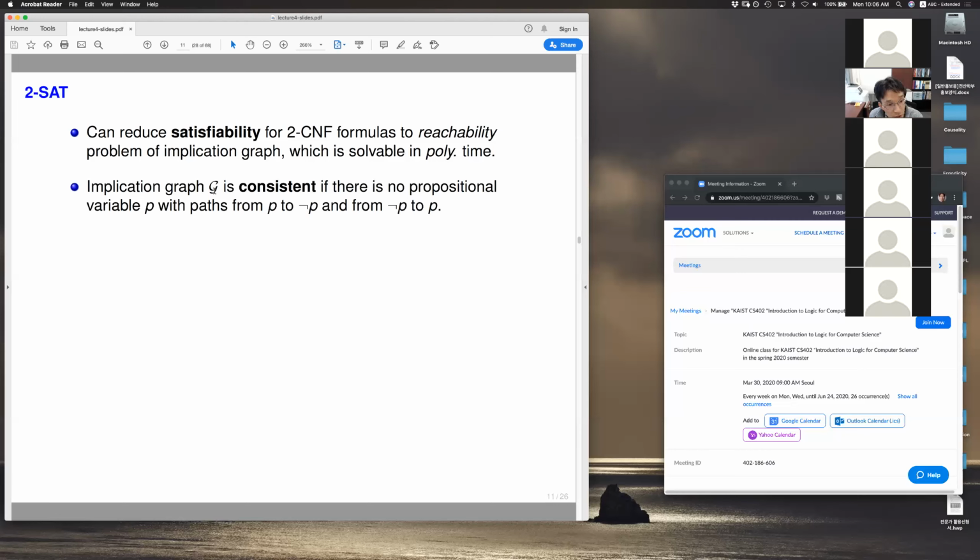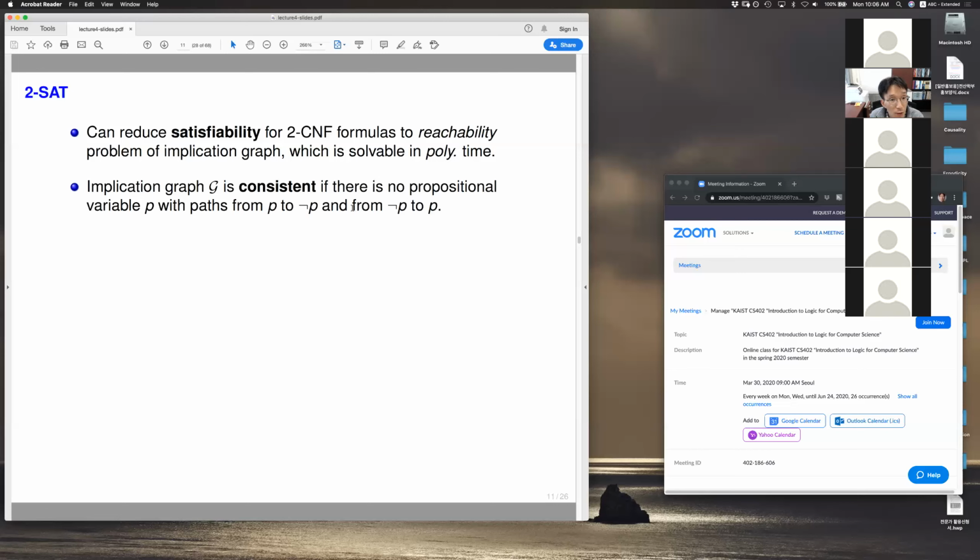We say the implication graph is consistent if there is no propositional variable P such that it has two paths: one goes from P to its negation, and another goes from its negation to P.